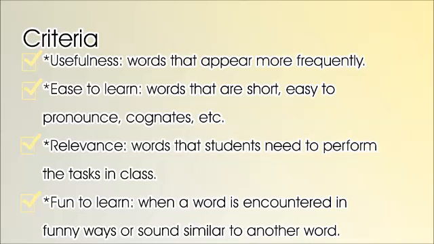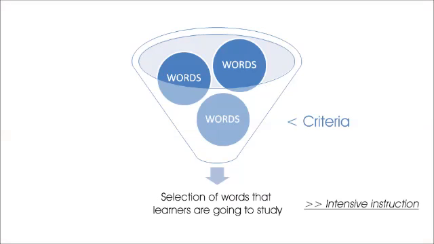Easy to learn, words that are short, easy to pronounce, cognates, etc. Relevance, words that students need to perform the tasks in class. Fun to learn, when a word is encountered in funny ways or sounds similar to another word. Then those words are taught through a process of intensive instruction.